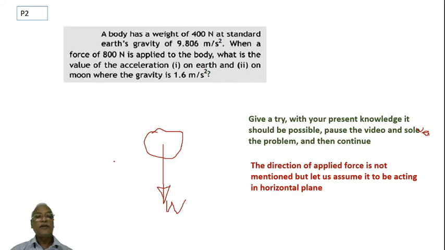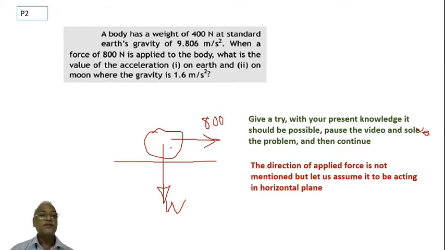So for convenience I would suggest you take the force perfectly horizontal. So the weight is 400 newtons. The applied force is 800 newtons. So if you apply 800 over here, what happens to the object? What is the acceleration that it will be getting?